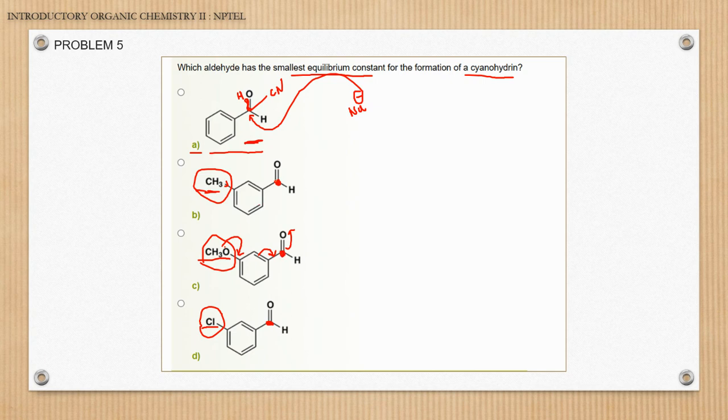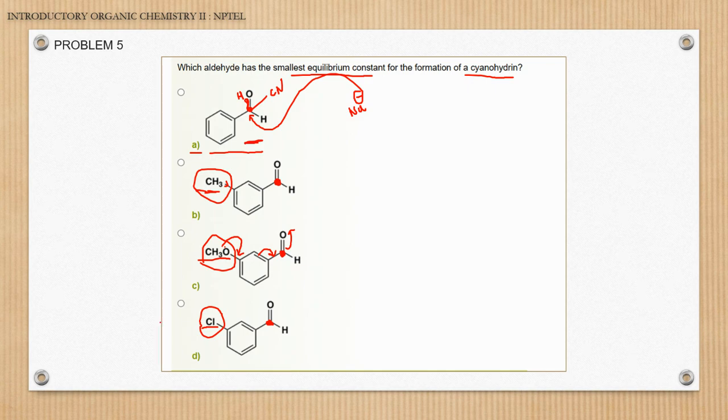Then methyl has electron density at the carbonyl carbon. Then part A will have the electron density. At last, the least density will be present at the carbonyl carbon which has the Cl group attached at the aromatic ring. Why? Because Cl is an electron withdrawing group because of the minus I effect. Now it will withdraw electrons from the aromatic ring, and the carbonyl carbon becomes the electron deficient carbon, right?